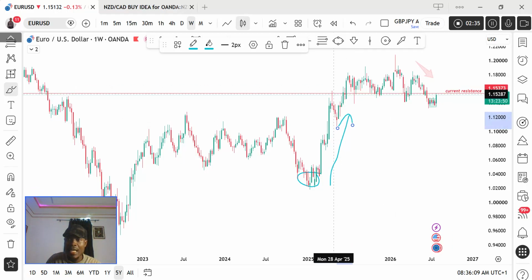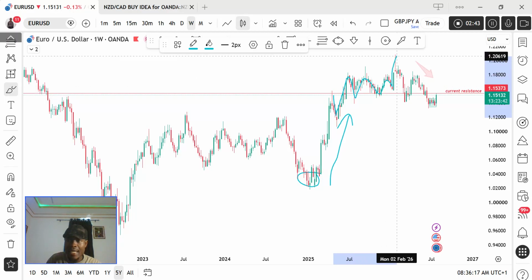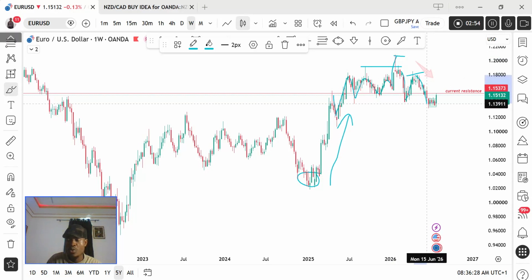After this pullback here, price pushed up, pulled back again, pushed up, pulled back, pushed up slightly higher as we can see. It rejected and price pulled back. We saw this recent high here, which was not able to pass the previous high, and price also declined.